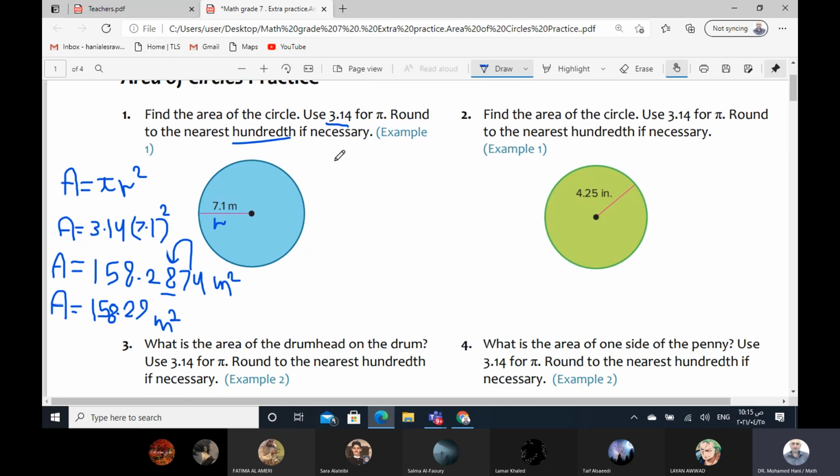So we can write here C equals 2 pi r. 2 times the value of pi, which is 3.14, so 2 times 3.14 times the value of r, which is 7.1.